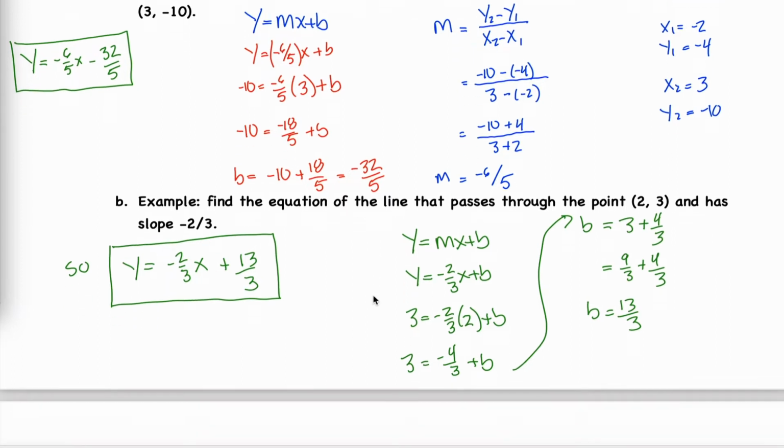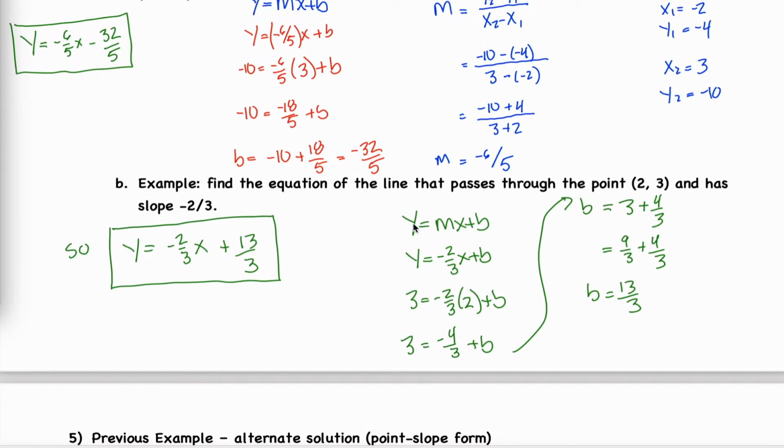And when you had all that information, you could plug in the slope, m, and the point, x and y, into y equals mx plus b and solve that equation for b, the y-intercept. Because once you know b, since you already know m, you know everything that you need for slope-intercept form, and you were done with the problem.